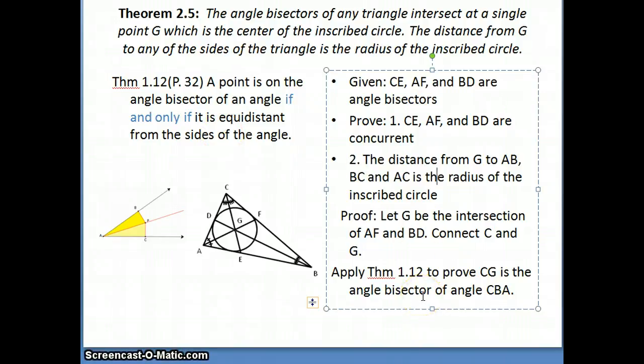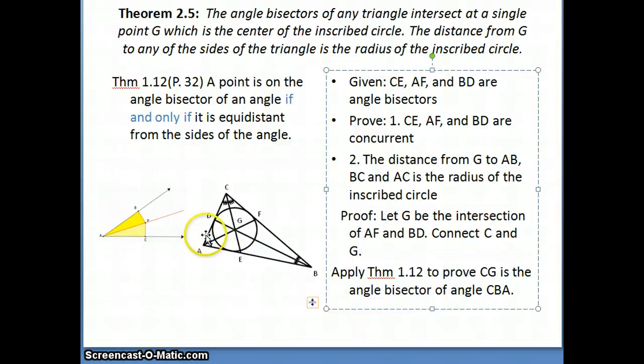So we have to do two steps. First, I think when we write down the given part, if we do it this way, the given part is AG is the angle bisector, BG is the angle bisector. Prove CG is the angle bisector.